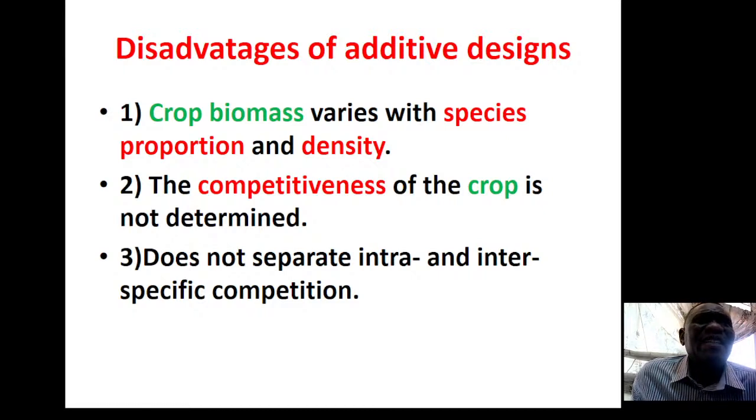The competitiveness of the crop is not determined. Now, it does not separate intra and interspecific competition. These are disadvantages. Now, which brings us to the next issue.